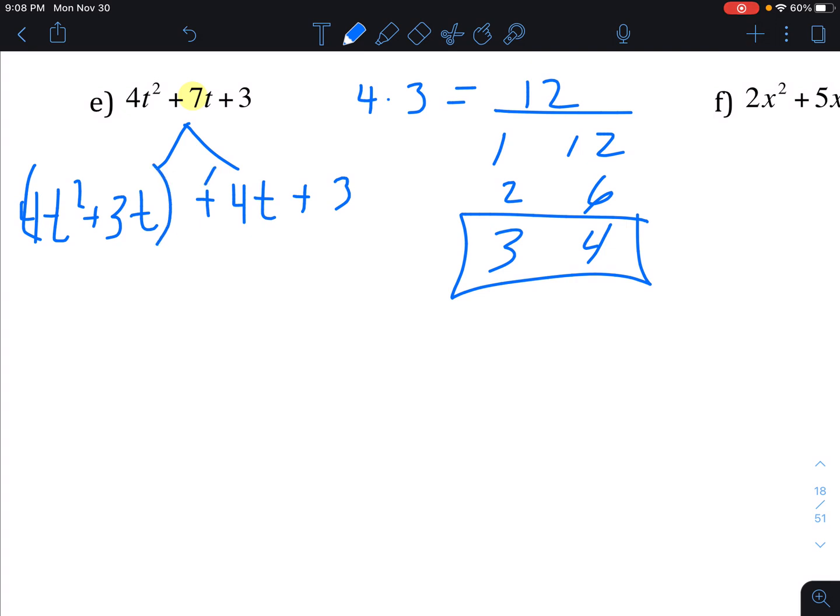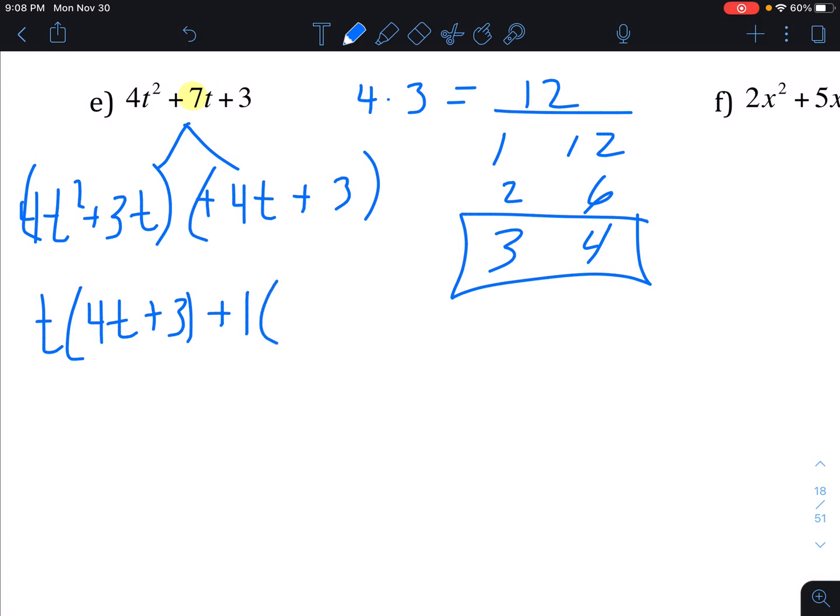Now I'm going to put my two parentheses, and I'm going to GCF each of them. The GCF of my first group is just a t, and then divide by t to have 4t plus 3. My second group doesn't appear to have a GCF. When you have that case, you would technically say the GCF is 1, so we got to put a plus 1.